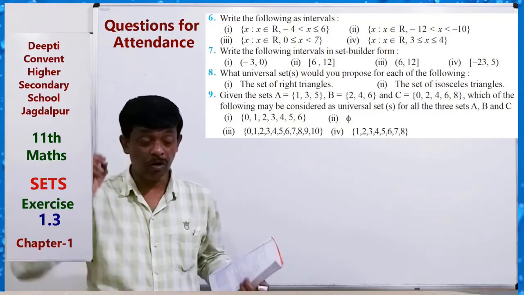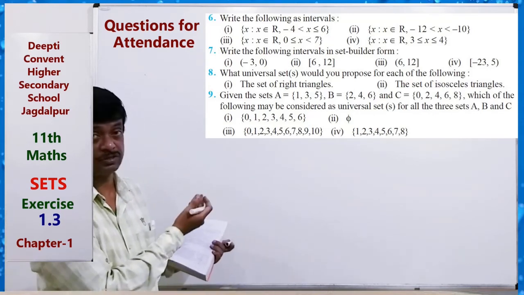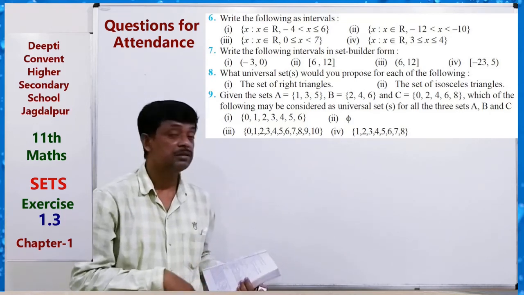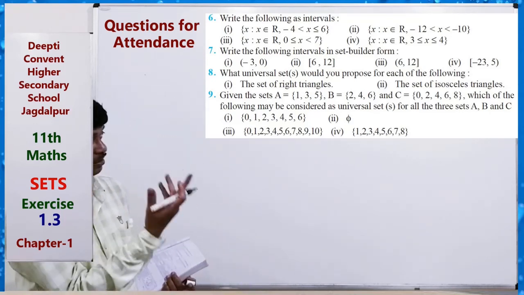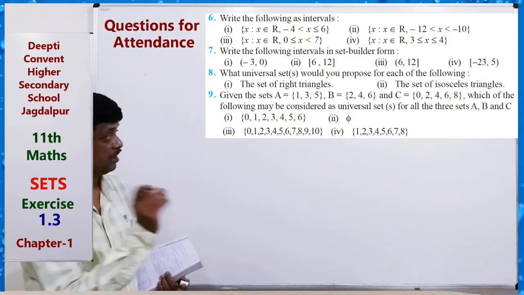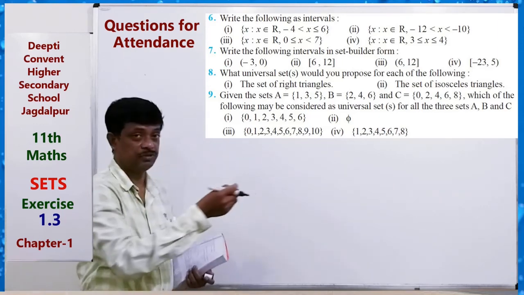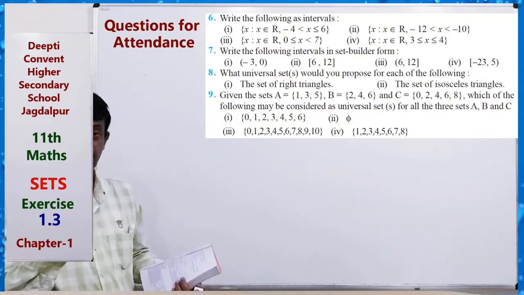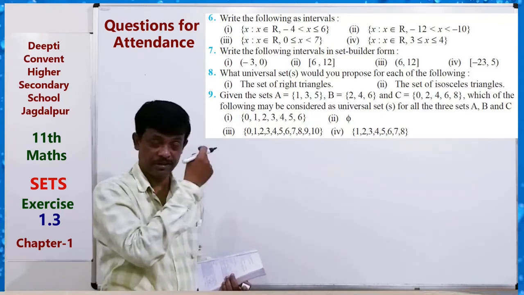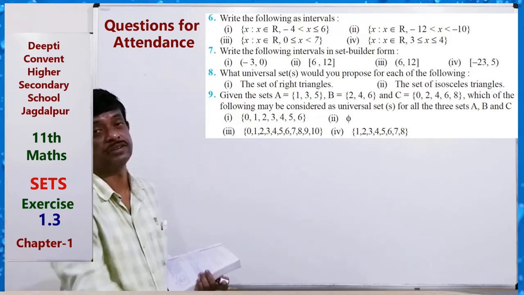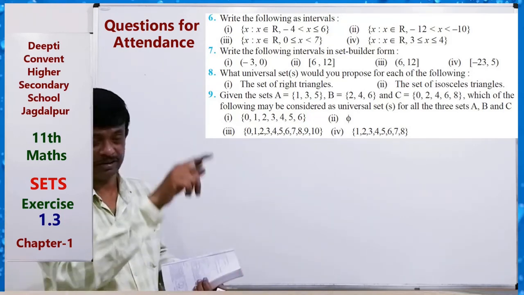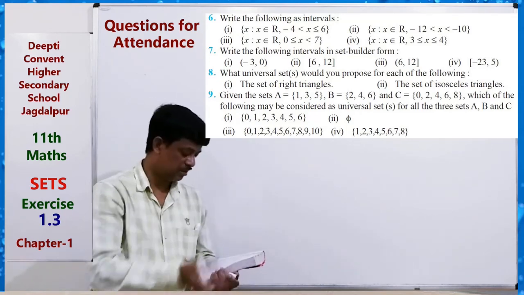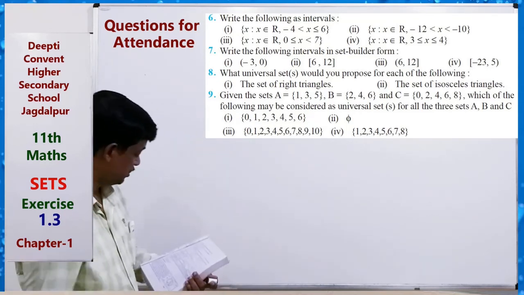It contains all the sets and subsets which we will consider under our study. So you can write it logically, since we know what a universal set is. If we make a set of right triangles, then what may be the universal set? You have to write. Okay, and also for the set of isosceles triangles you have to write the universal set. So solve this.